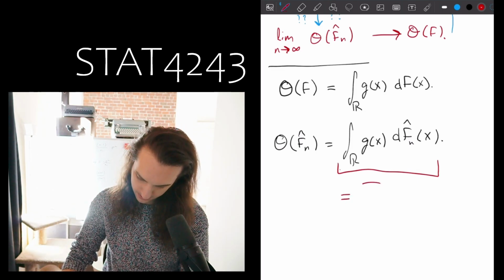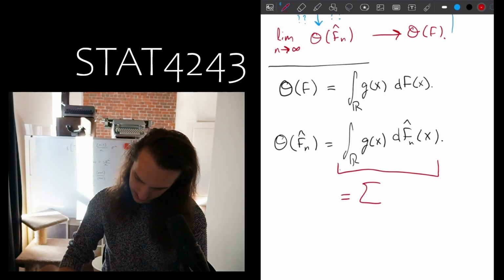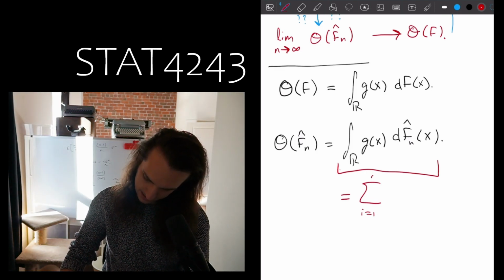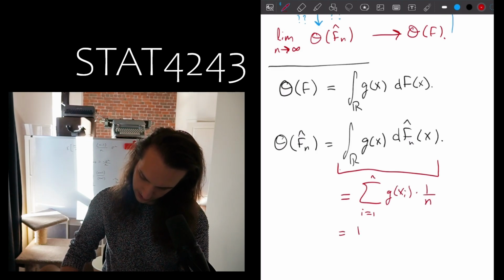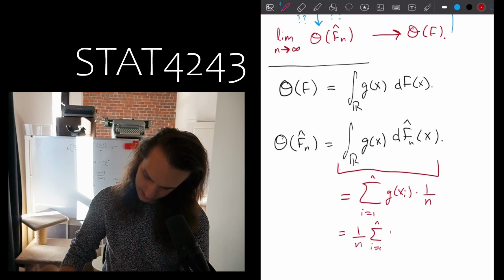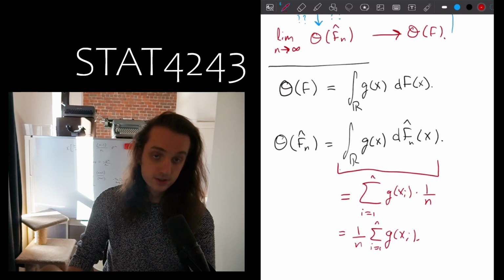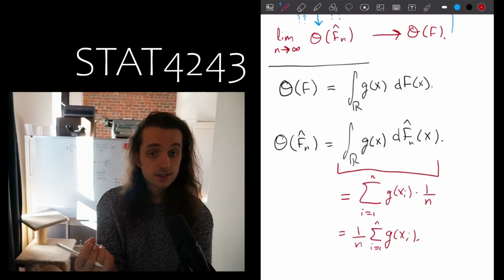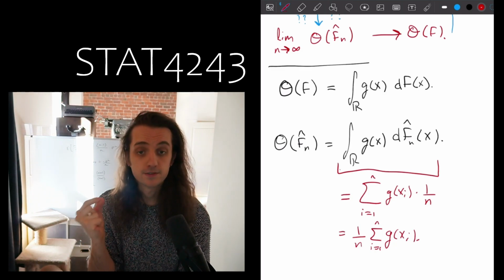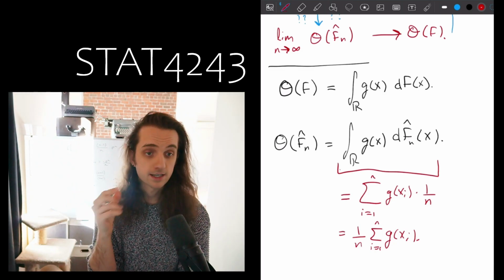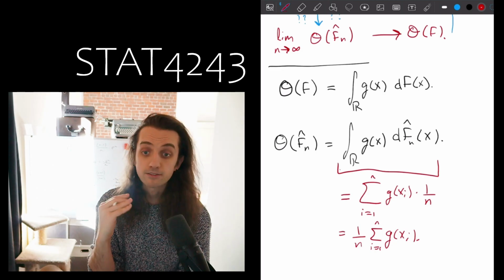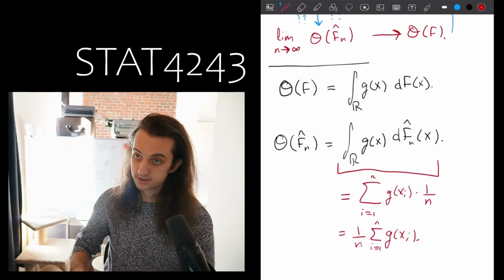So this is equal to the sum from i equals 1 to n of g of xi times 1 over n, which is 1 over n times the sum from i equals 1 to n of g of xi. Right, so any parameter that we can write out as the integral of some function is going to be represented as the sample average of this based on our data.